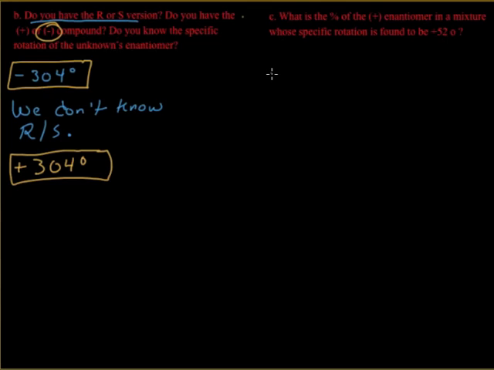Okay, but we want to figure out exactly how much more, so we're going to use the formula that tells us our enantiomeric excess, EE, is equal to the specific rotation of the mixture divided by the specific rotation of the pure.